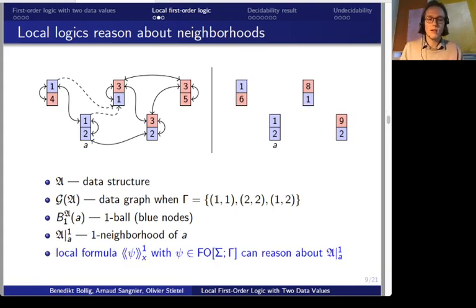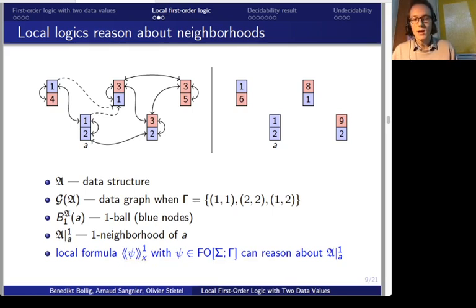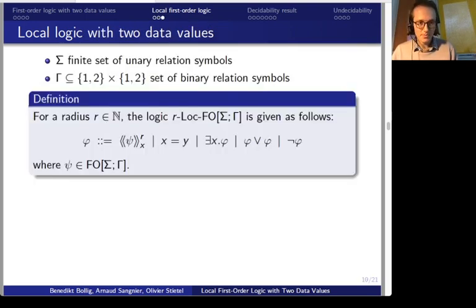On the syntax side, we add a local formula phi in brackets with exponent 1 to say that the radius is 1, and x to denote the center of the ball. This formula can only reason about the neighborhood of x. Formally the definition is as follows. We call it r-loc FO, the local first-order logic with radius r.